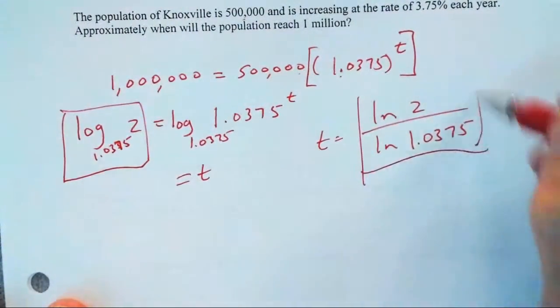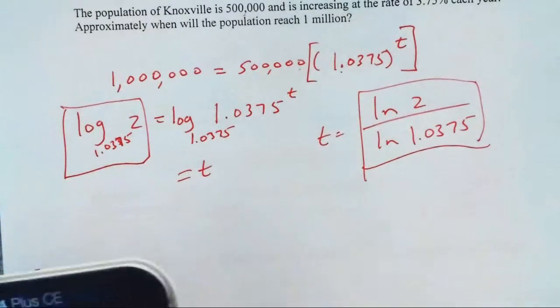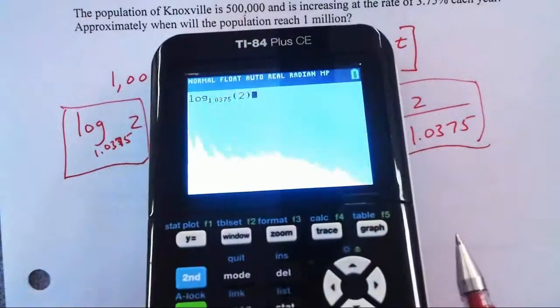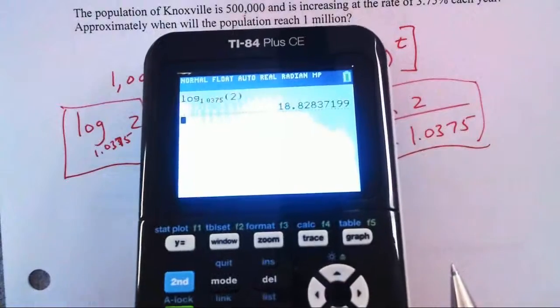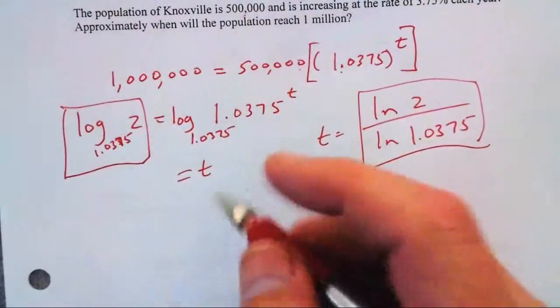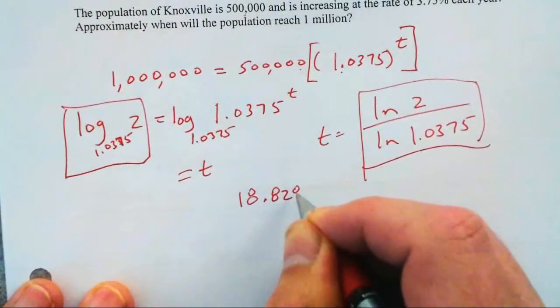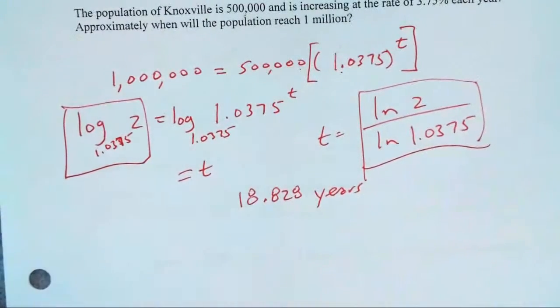If not, let's go with that guy. I get, to 3 decimals, 18.828 years. Does that sound right?